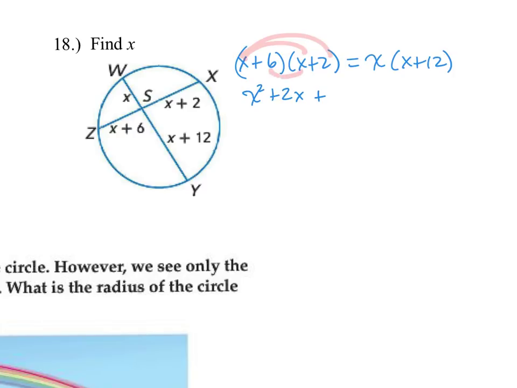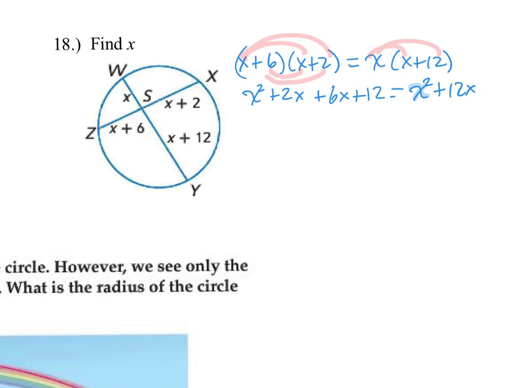We'll take 6 times x and 6 times 2. So that would be 6x plus 12. And then on the right side of the equation, let's distribute again. Let's take x to get rid of those parentheses. So we would have x squared plus 12x.